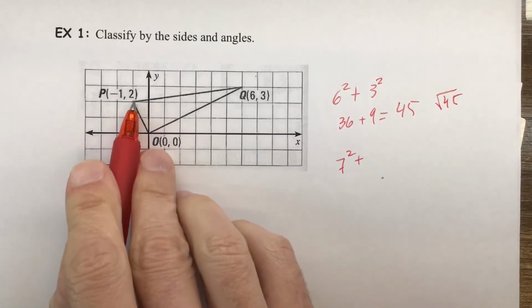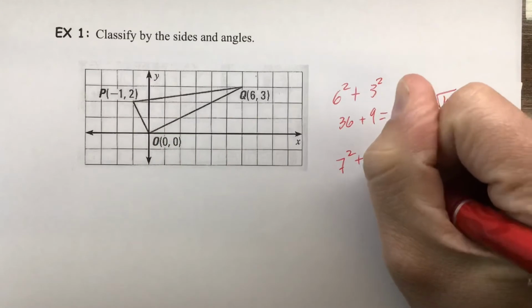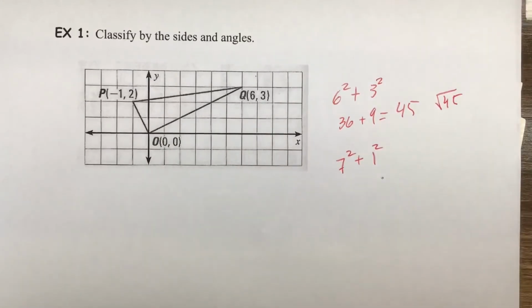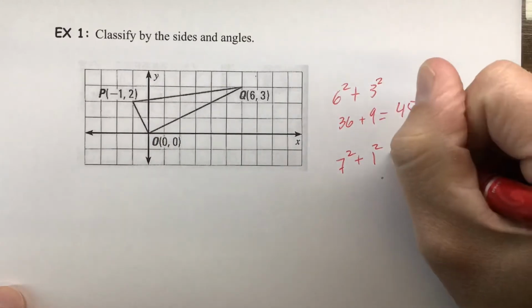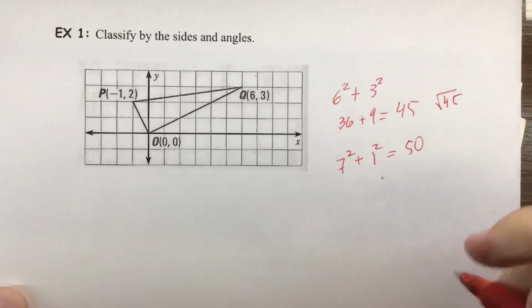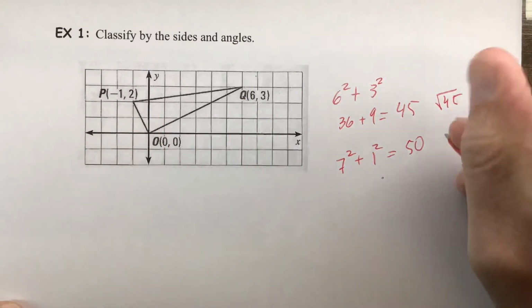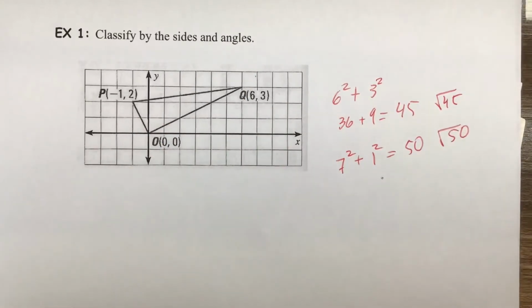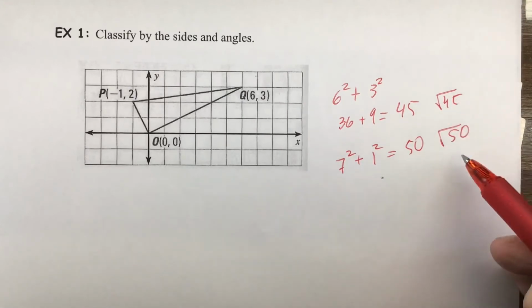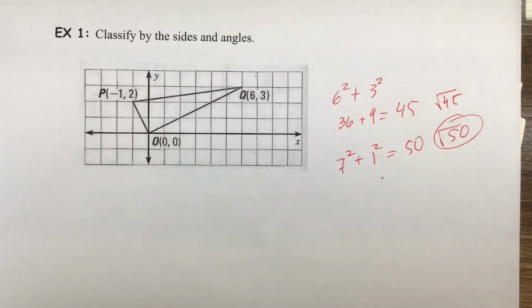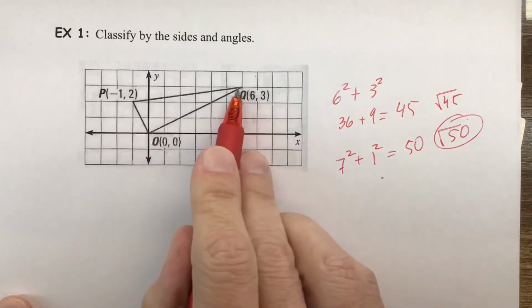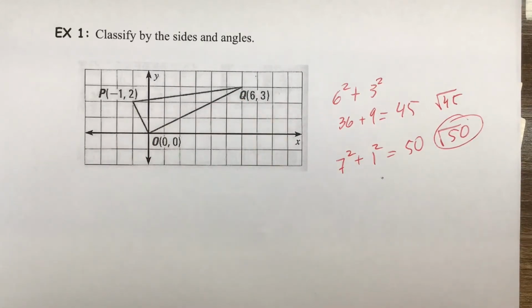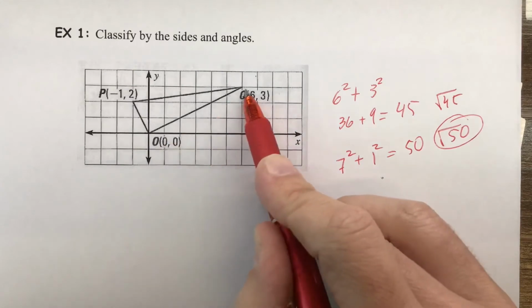The vertical change is going to be 1, so we have 1 squared. 7 squared plus 1 squared is going to be equal to 50, which means that PQ is the square root of 50. And without typing these two things into the calculator, I can already verify that this is going to be the greater one here. That means that PQ is in fact just a teeny bit larger than what we had for OQ.